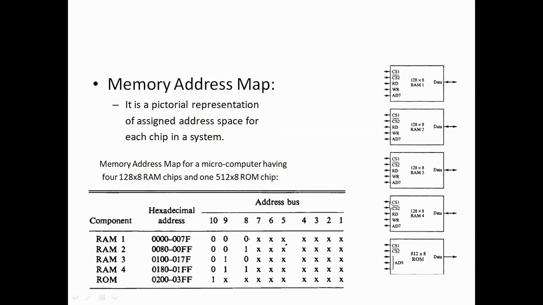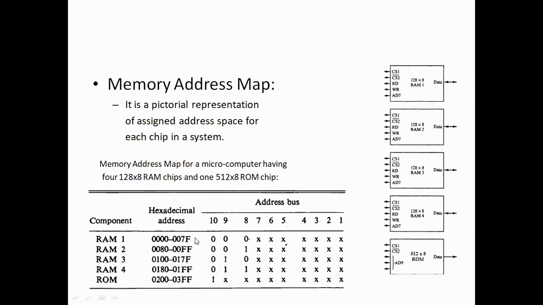So the total size of memory is this much. Now let us denote the addressing of each chip in a table. So here we have 5 components: RAM1, RAM2, RAM3, RAM4, and 1 ROM.